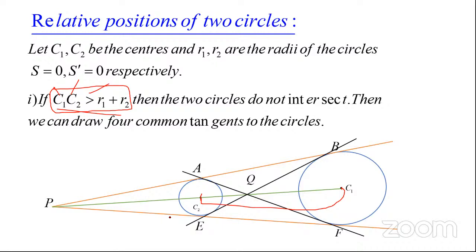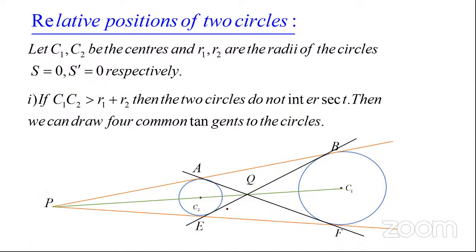Then you will get its value. Then R1 plus R2: we have the value of R1 from here, so this is R1 and this is R2. The distance C1C2 is greater than R1 plus R2. That is why the two circles do not intersect.